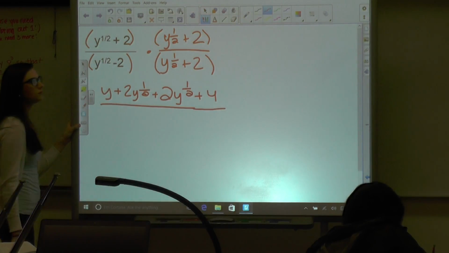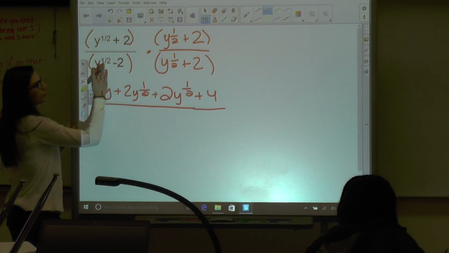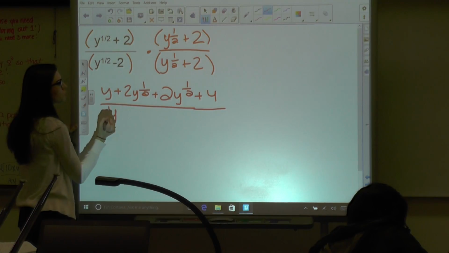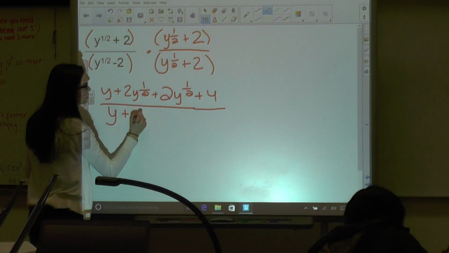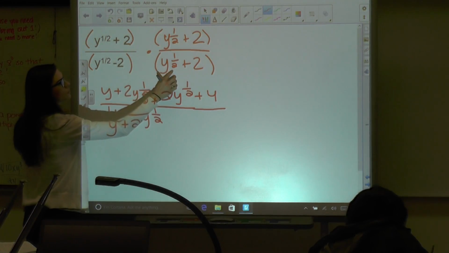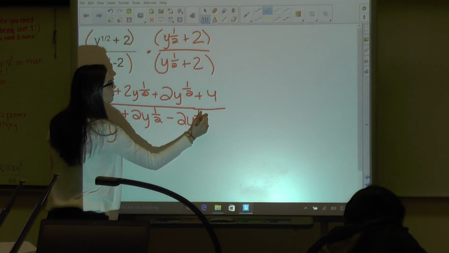On the bottom, you have y to the power 1/2 times y to the power 1/2, which is y. y to the power 1/2 times 2 is plus 2y to the power 1/2. Negative 2 times y to the power 1/2 is negative 2y to the power 1/2.